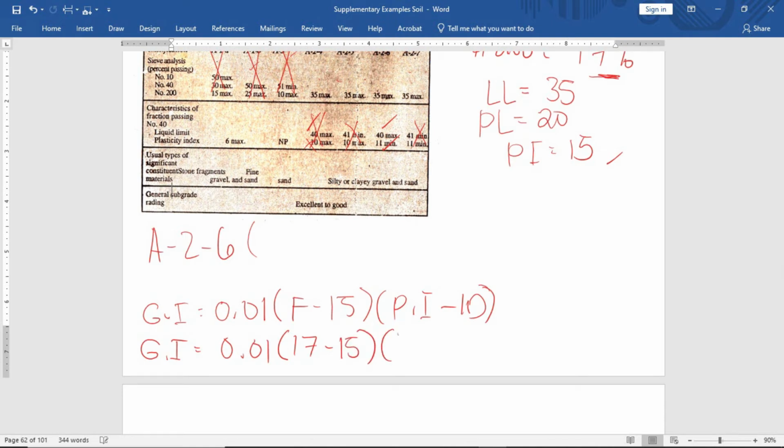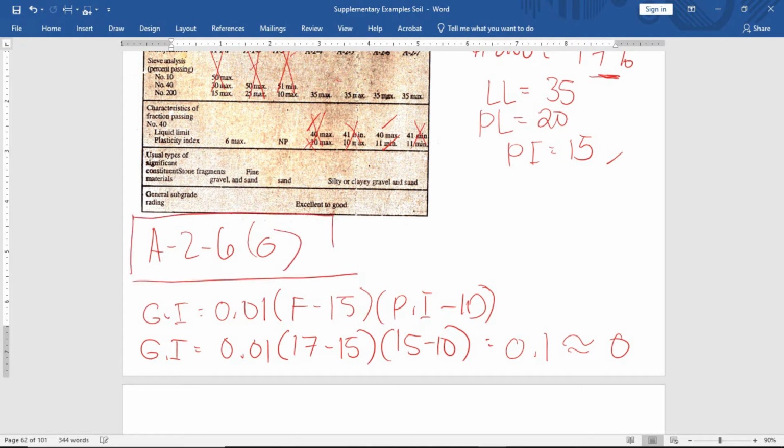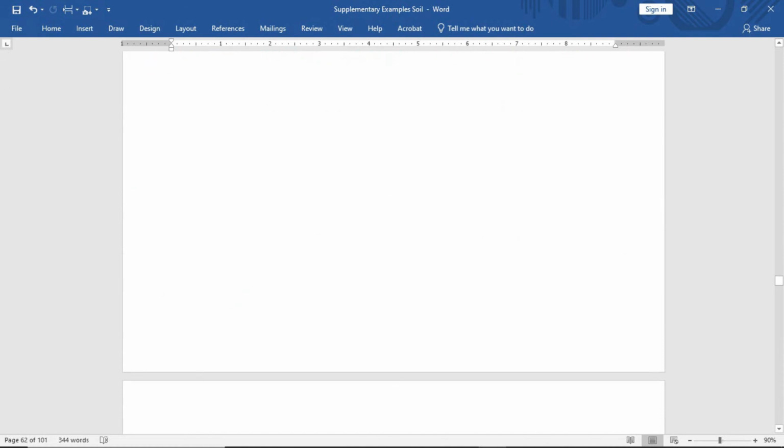Ang PI natin is 15 minus 10. Ang lalabas is 0.1. So, it is 0. So, we classify the soil as A-2-6, 0. So, meron na tayong ganyan.